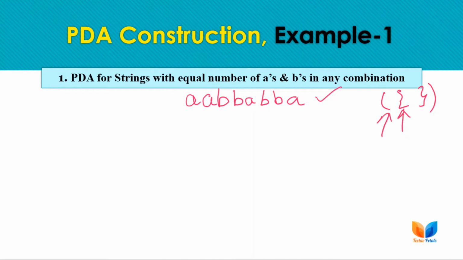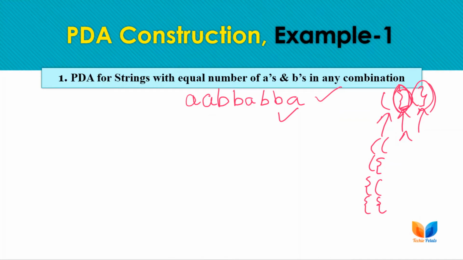We were covering all the combinations for the push operation, and then for the pop operation we were having the closing parenthesis. When we have the closing parenthesis as input, the stack top must have the matching opening parenthesis. Okay, and when we have a closing parenthesis, we were just replacing the matching opening parenthesis from the stack by the null symbol.